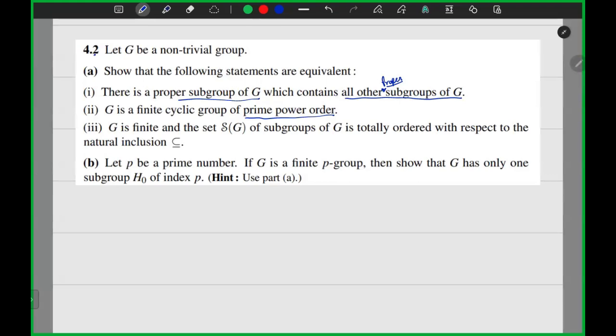In that case, G is finite, and S(G), the set of subgroups of G, is totally ordered with respect to natural inclusion.